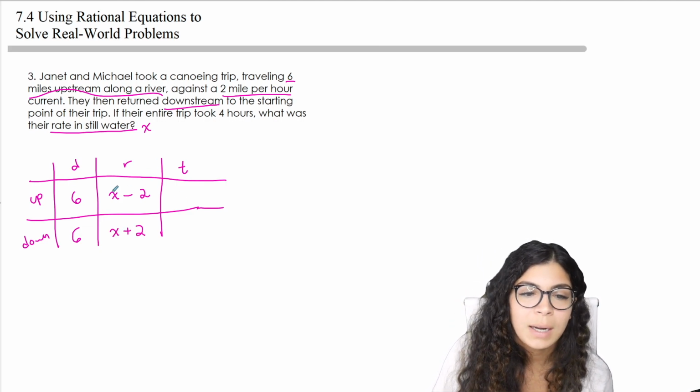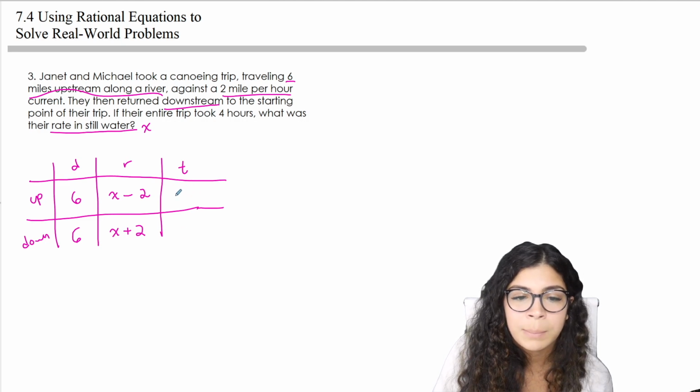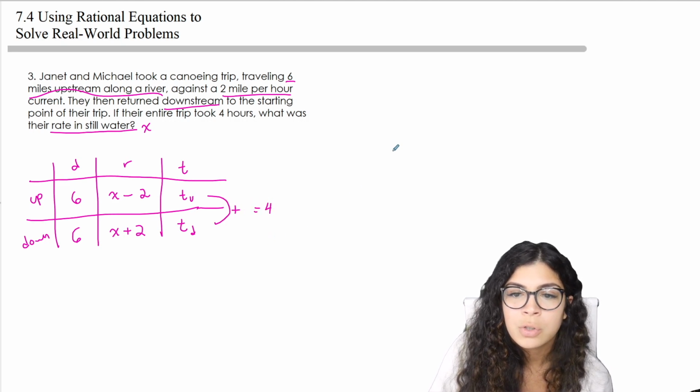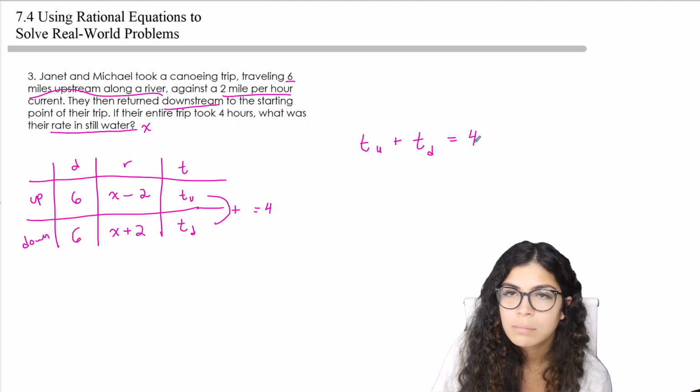And we don't know the time upstream exactly, so we'll call that TU. And we don't know the time downstream, so we'll call that TD. Now what we do know is that the total time together equals 4 hours. So the time going upstream plus the time going downstream equals 4.